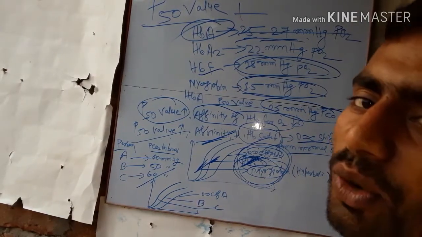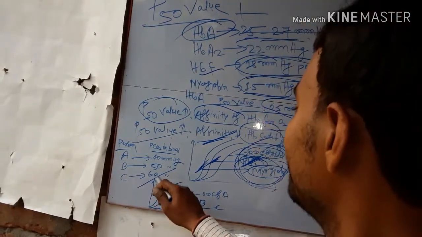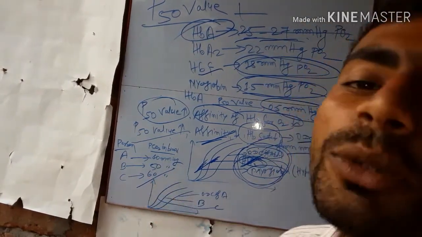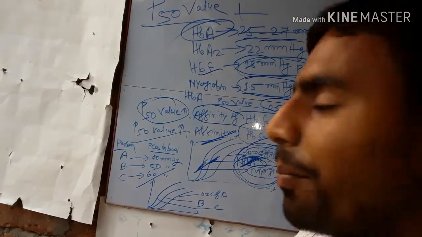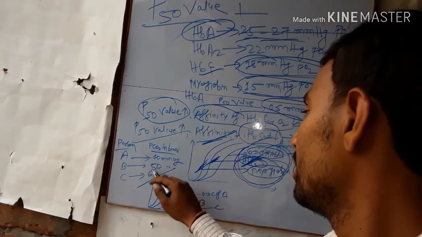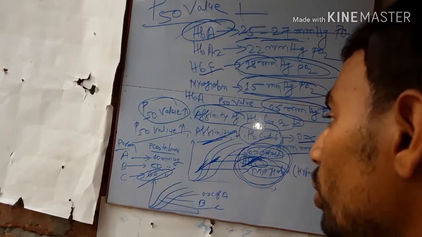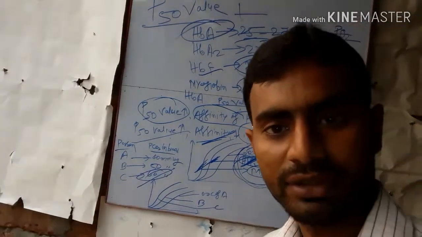We can see here that the maximum partial pressure of CO2 in blood is 60, so it shifts to the left side.